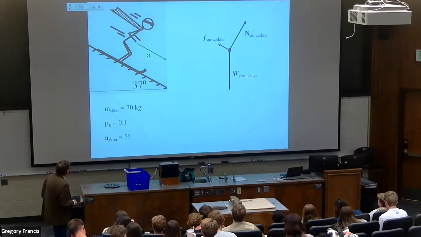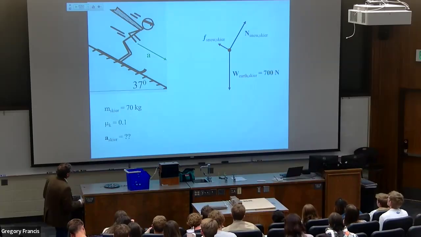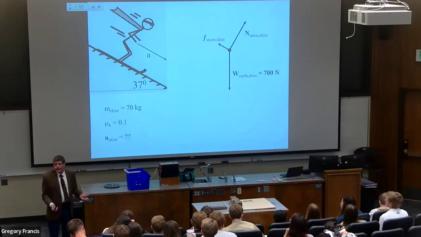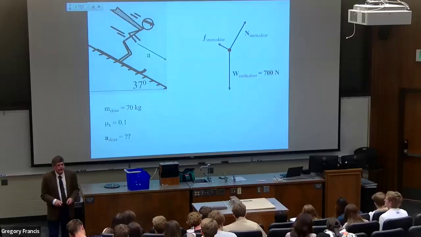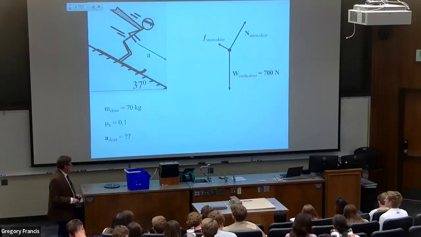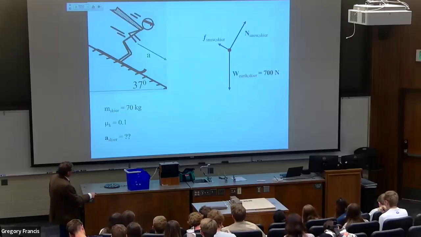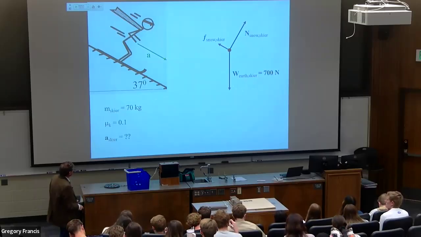Well, now I need to rotate my coordinates. I know the weight force is just the mass times 10 on this planet. It's 9.8 on our planet, but we're always going to call that 10. So the weight force is going to be 700 newtons, 70 times 10.